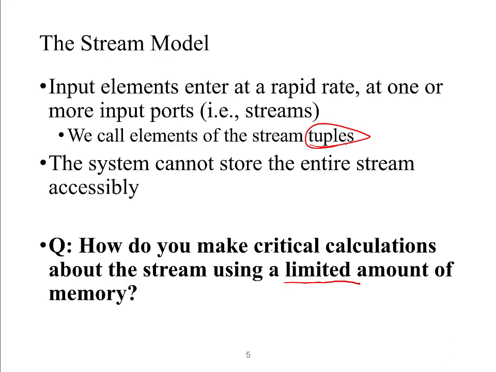Here, there are two critical points. One is critical calculations. One is a limited amount of memory. The limited amount of memory is easier to understand. I will save it for the next two slides, where you will see a better illustration using two figures to show the difference between DBMS and data stream management systems.